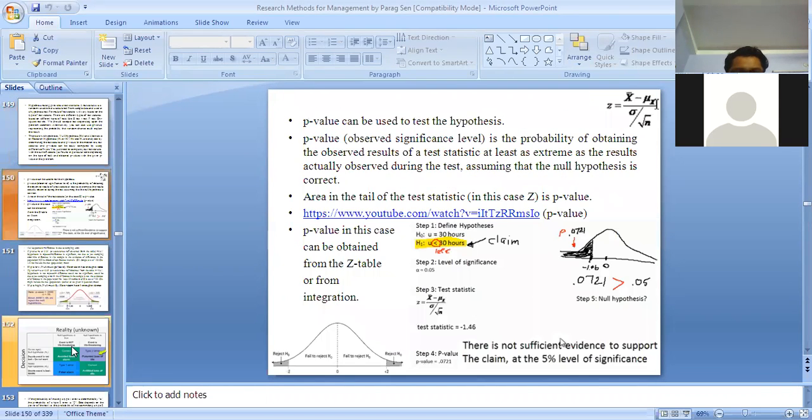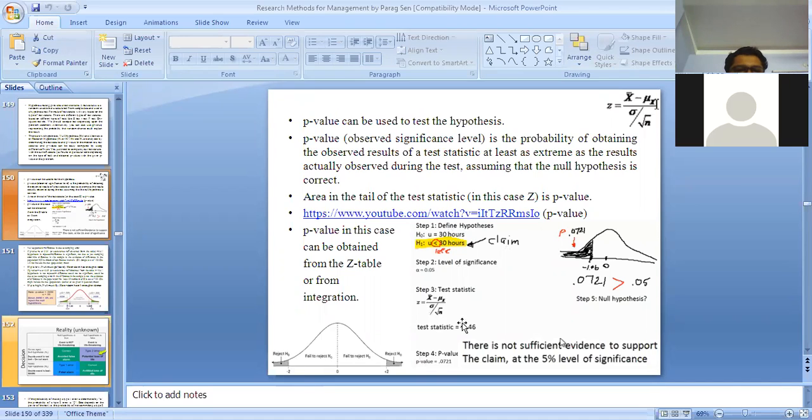If you see this graph, you can easily understand that your test statistic will be somewhere here, minus 1.46, and your cutoff value at 95% confidence level will be 1.96, minus 1.96, somewhere here.